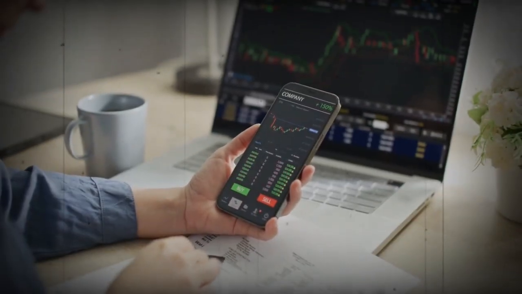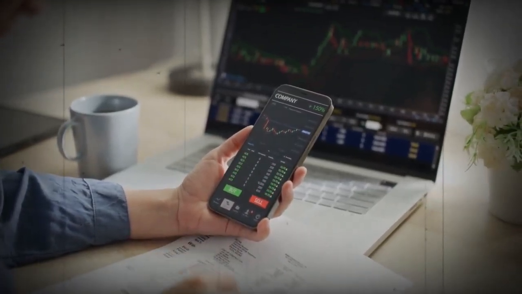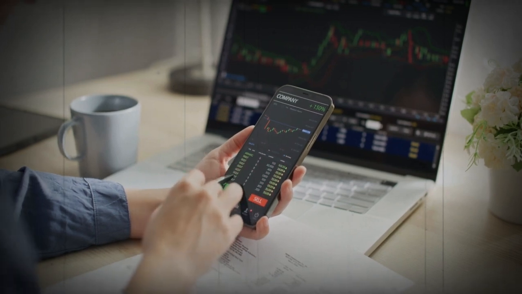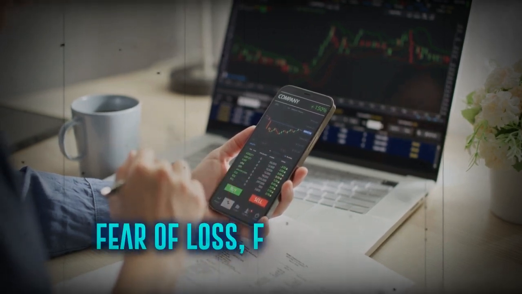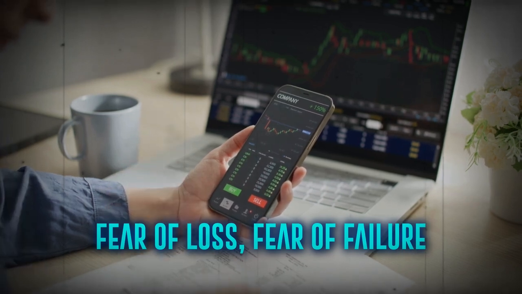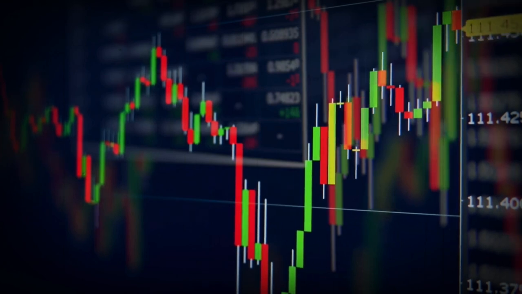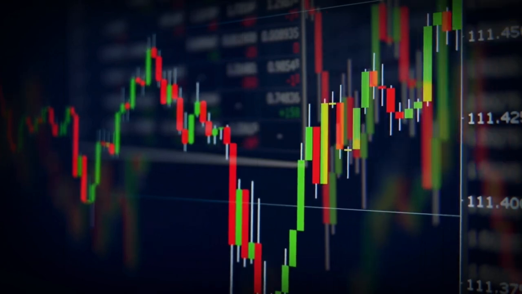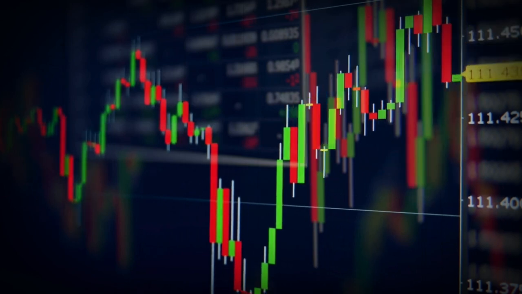When you're switching between different strategies and systems, it's hard to develop a clear sense of what works and what doesn't. And let's not forget about the psychological demons that can haunt us. Fear of loss, fear of failure, and fear of being wrong can all hold us back from taking action when it counts. Finally, there's the issue of lack of discipline. When you're not following a clear plan, you're leaving yourself open to impulsive decisions and emotional trading.